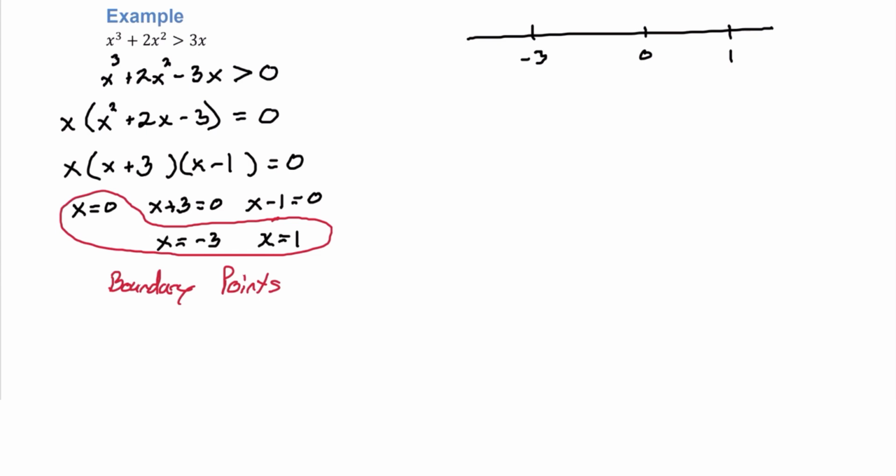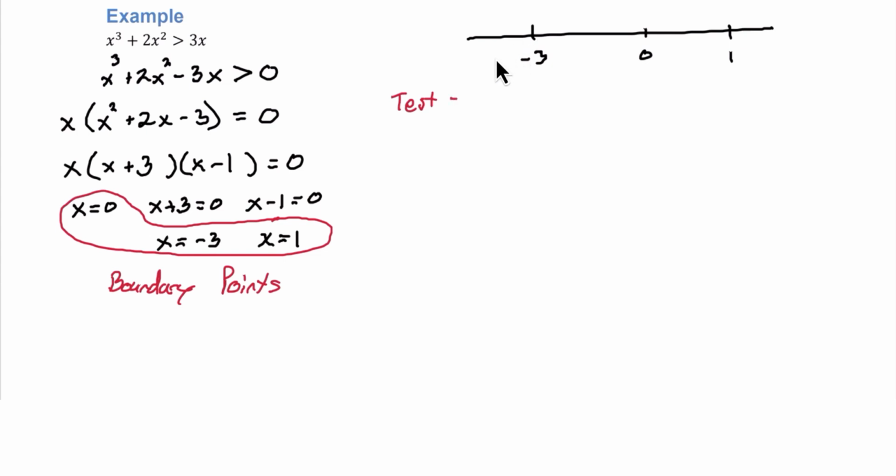Notice again in this case, those boundary points break up the number line into 4 separate intervals. We need to now test a point in each interval into the inequality and see if it's true or false. Up first, we can test a point in this first interval.